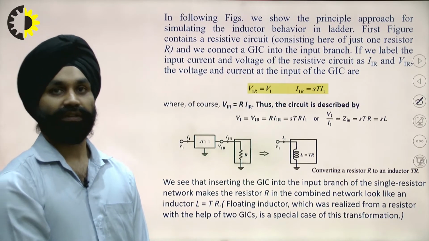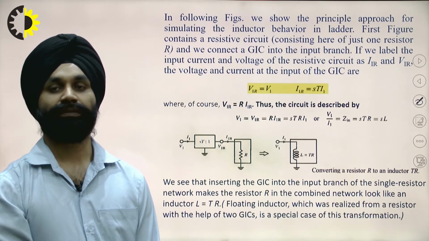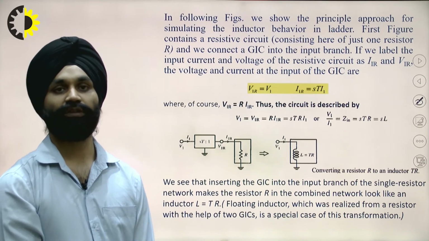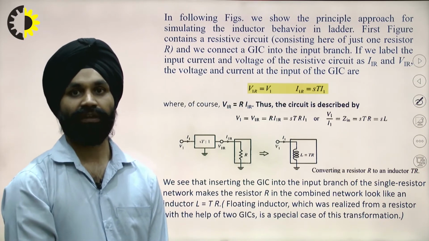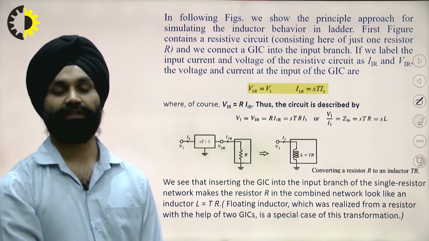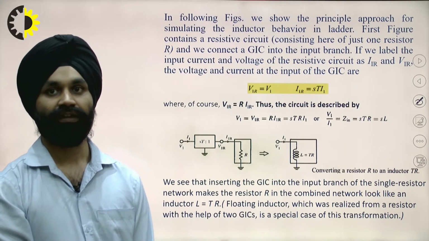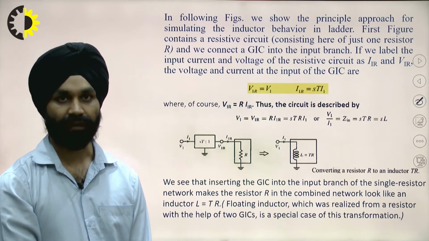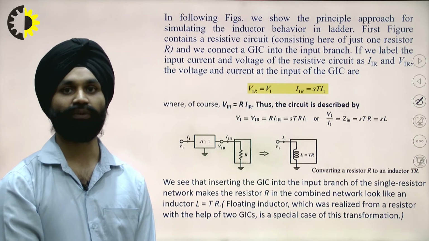In this figure, we show the principal approach for simulating inductor behavior in the ladder. This first figure contains a resistive circuit with one resistor R, and we can connect a GIC in the input branch.